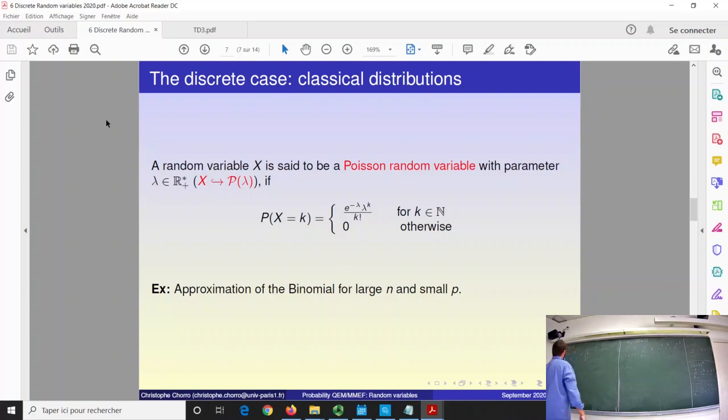Okay? Now I have to be a little bit careful because I have an infinite sum here, and that is not convergent a priori. So I have to check what happens.